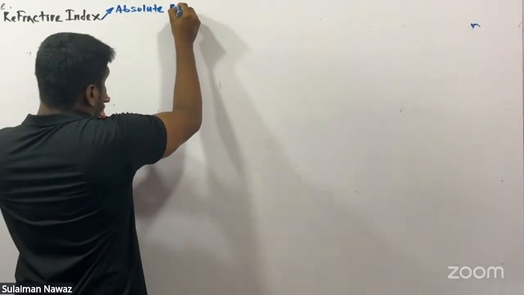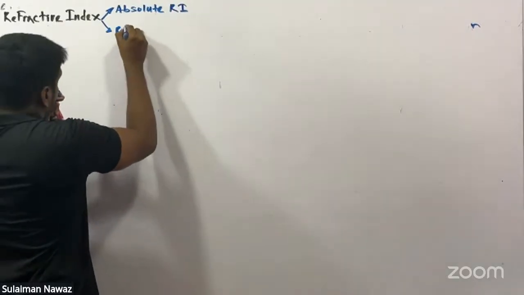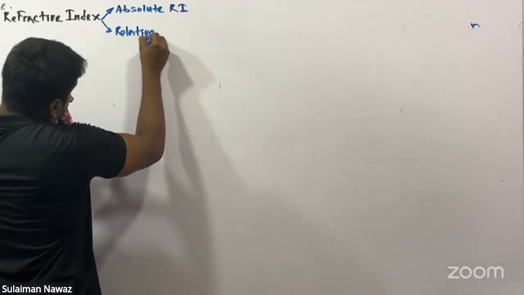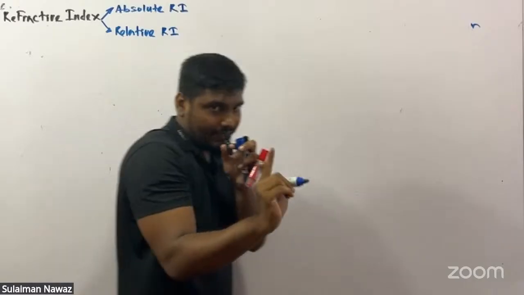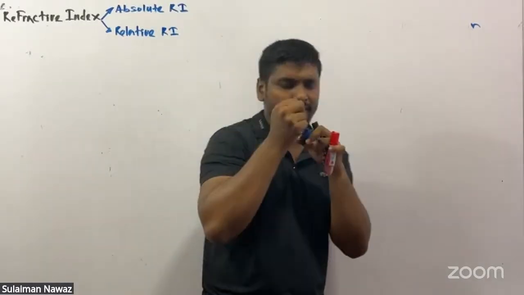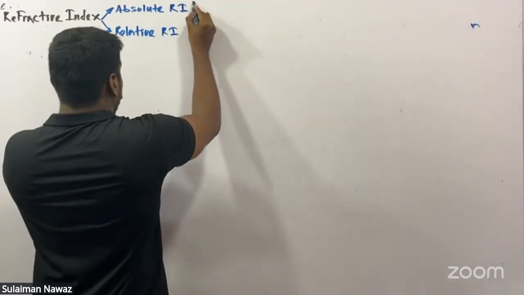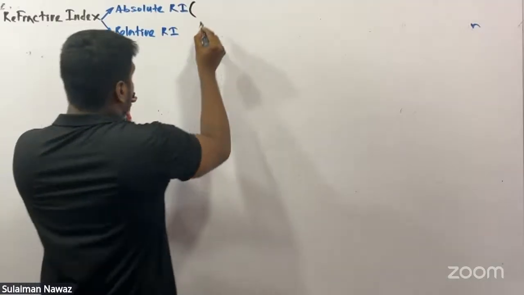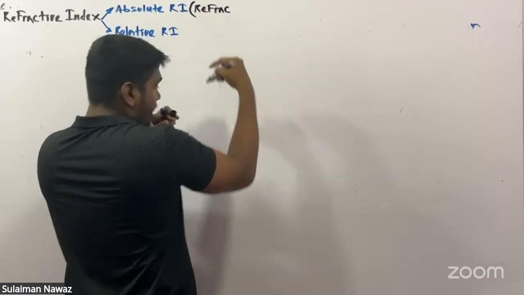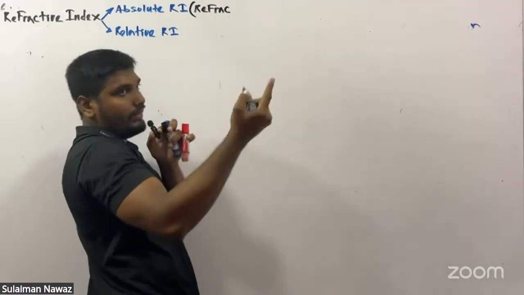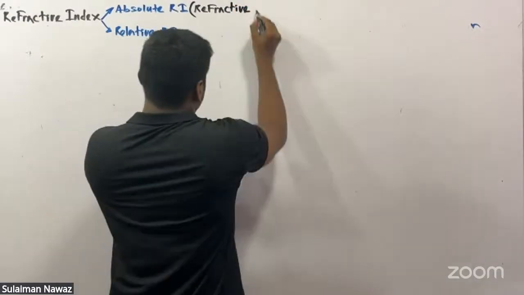Remember, absolute refractive index is what we commonly call refractive index. So in a question, if they mention the refractive index of water is this much, they are talking about absolute refractive index. If they are going to tell something about relative refractive index, they will say relative refractive index.